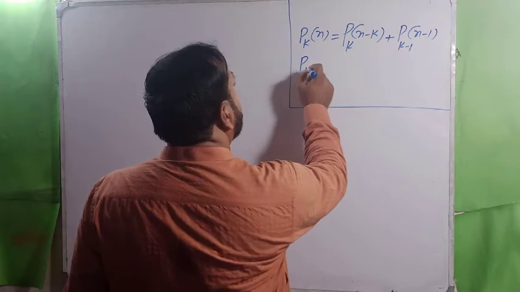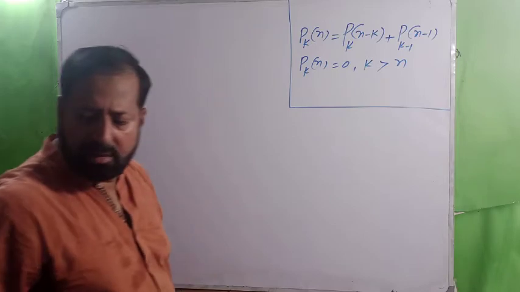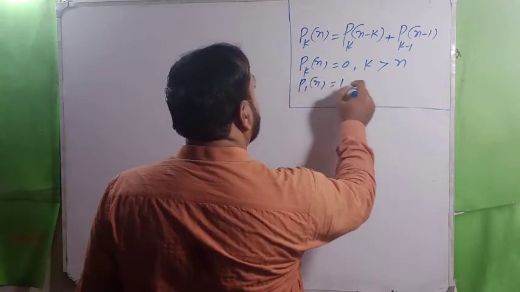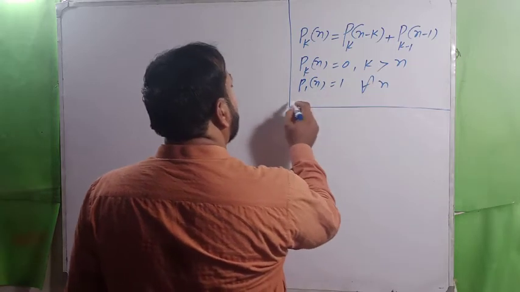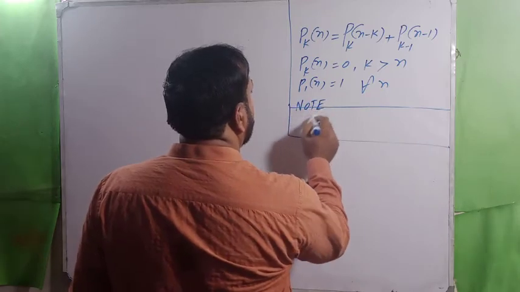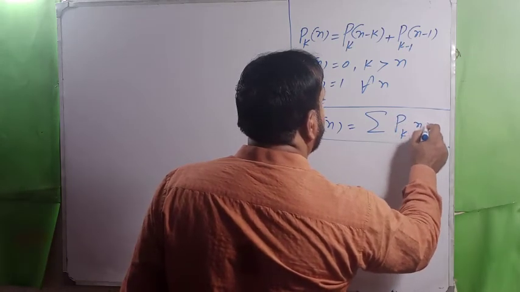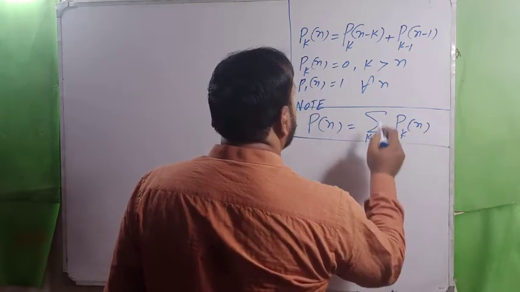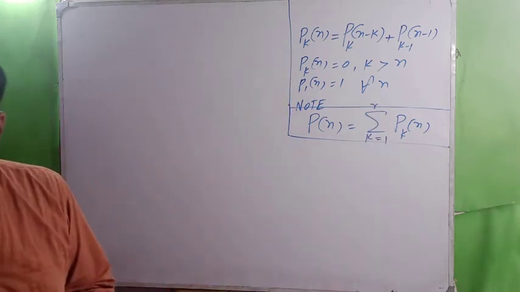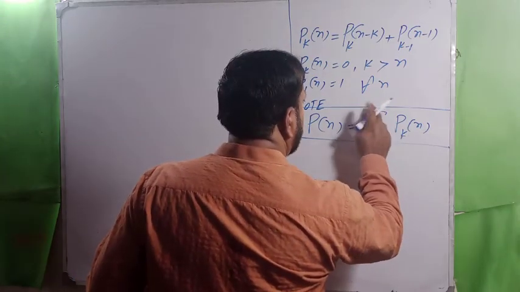Pkn would be equal to 0 if k is greater than n, and secondly P1n is equal to 1 for all n. And note, Pn is equal to the summation of Pkn, where k is from 1 to n.